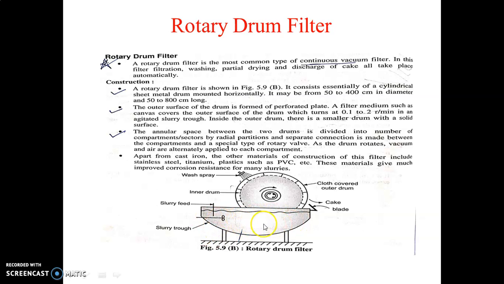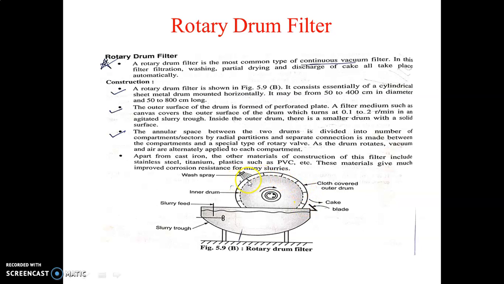Suspension means solids should be suspended in the liquid. And the annular space between two drums is divided into a number of compartments. This is the outer drum and there is an inner drum, and this portion is divided into a number of compartments.